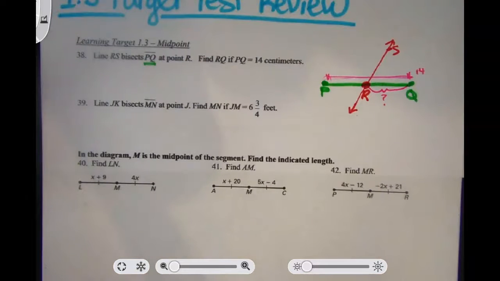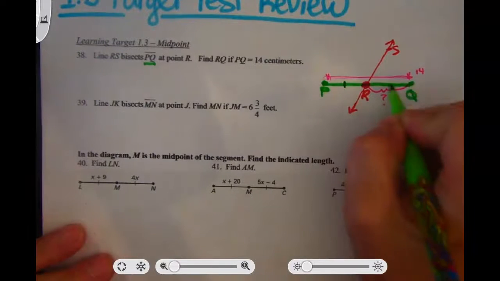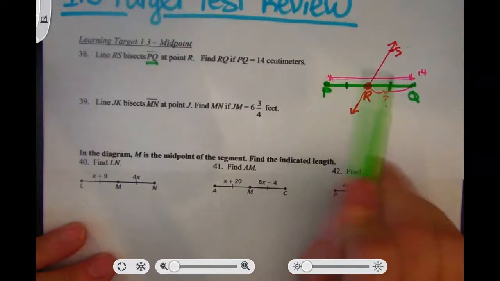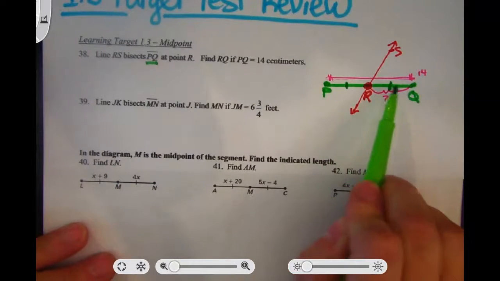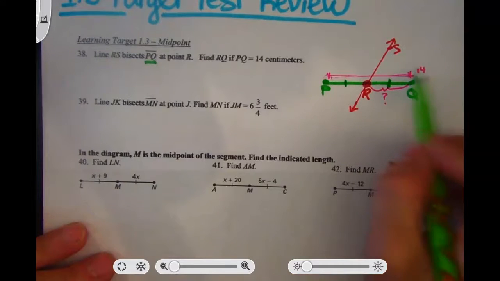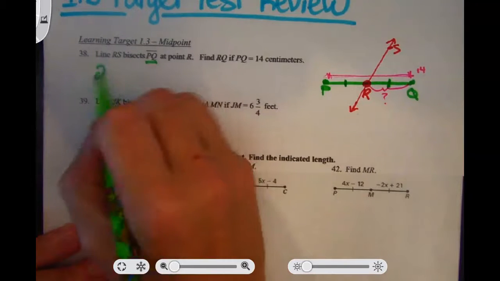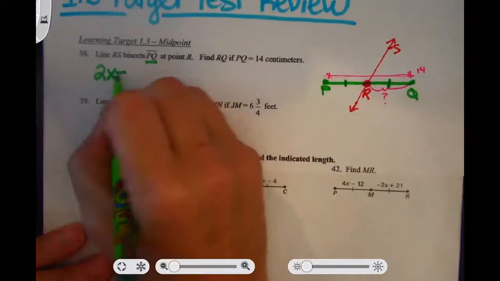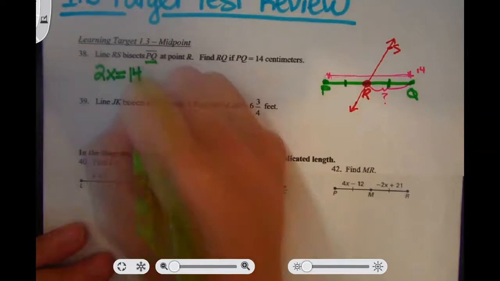So remember what we know. We know that both sides are going to be equal when we have a segment bisector. So we know that this side plus this side, or when we double it, is going to be 14. So you can think in your head, this is kind of like 2 times x, if we have our x's, equals our total, which is 14.